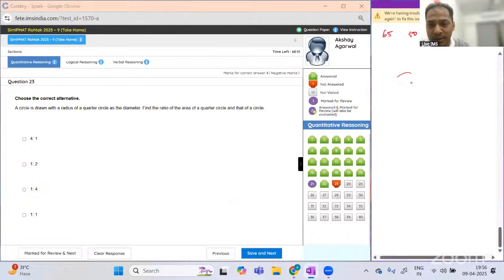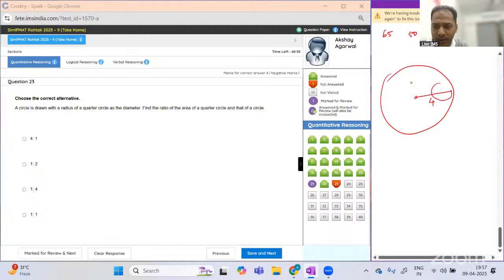So there's one circle. By quarter circle, I mean a circle whose radius is 1/4. So the circle has a radius 4. I'm not sure of this term quarter circle, and I think that would change my answer.